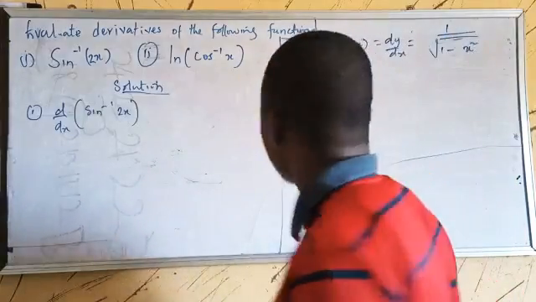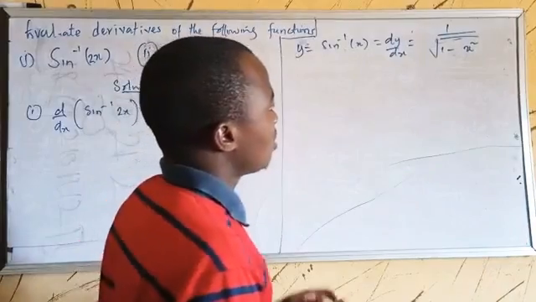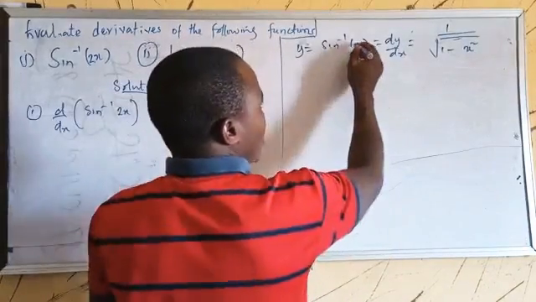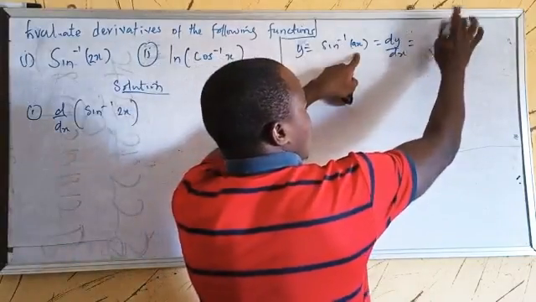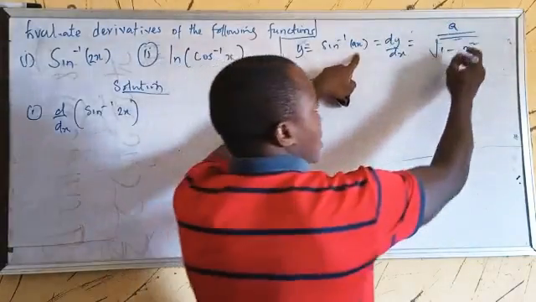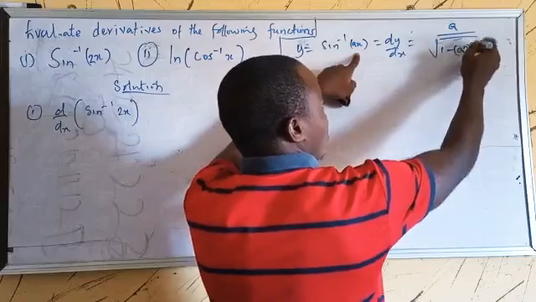So now, if we have a constant a multiplying this x here, automatically this one will be turned to a, and this one we have a all squared.